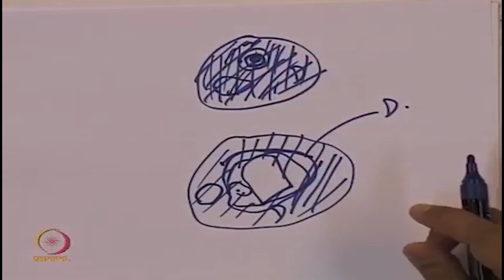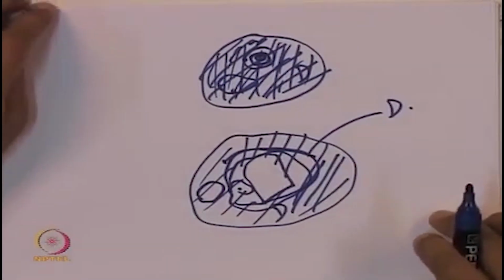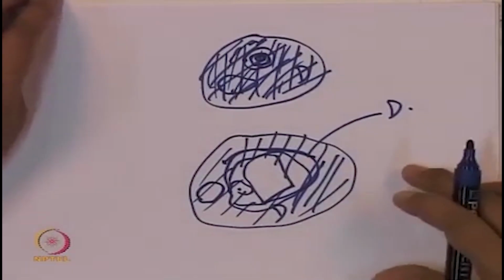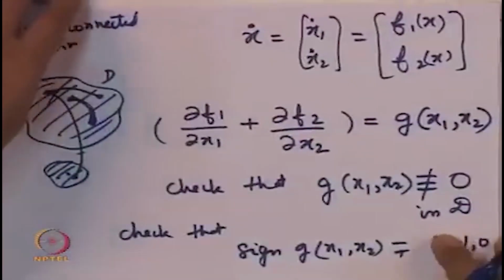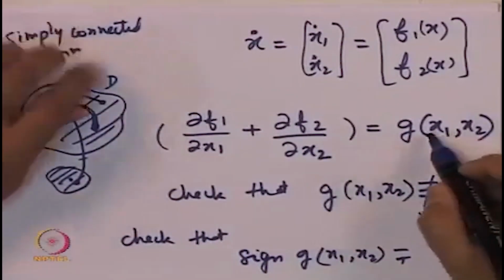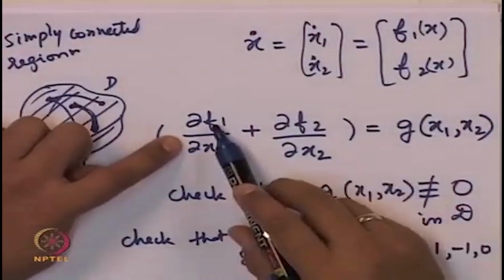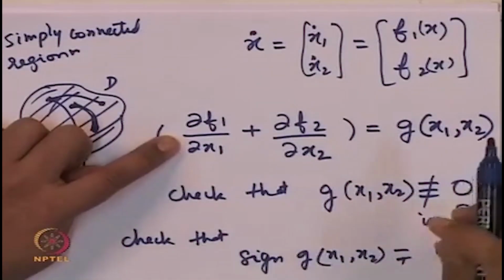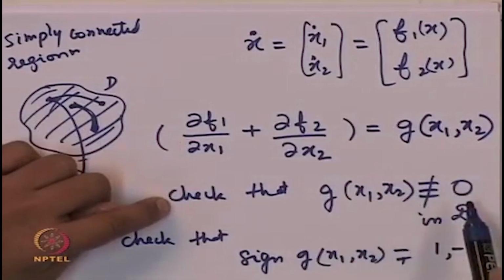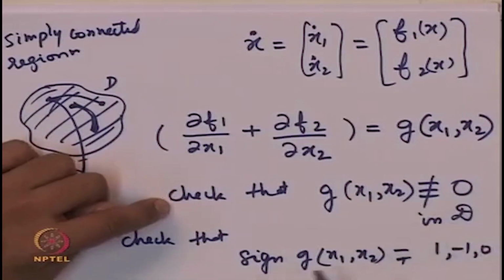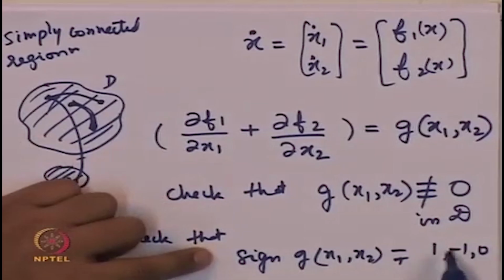So the Bendixson criteria requires that the region D for which we are checking is a simply connected region. So on the simply connected region, we check whether the function G, which is obtained from f1 and f2 by doing this partial derivative operation, should not be identically 0 on this region, and it should also not change signs from 1 to -1.